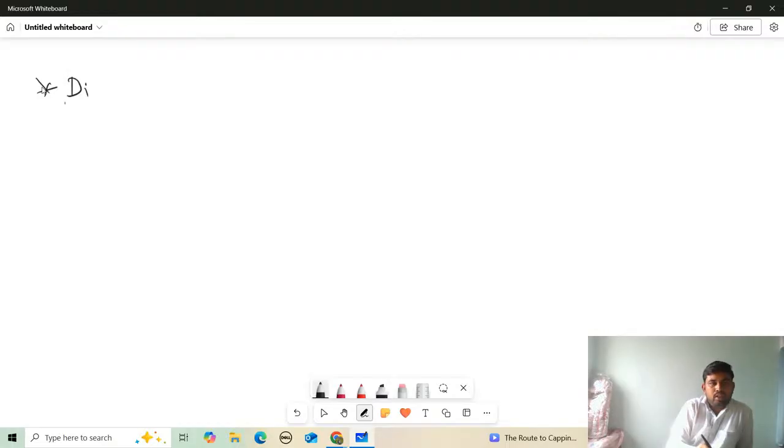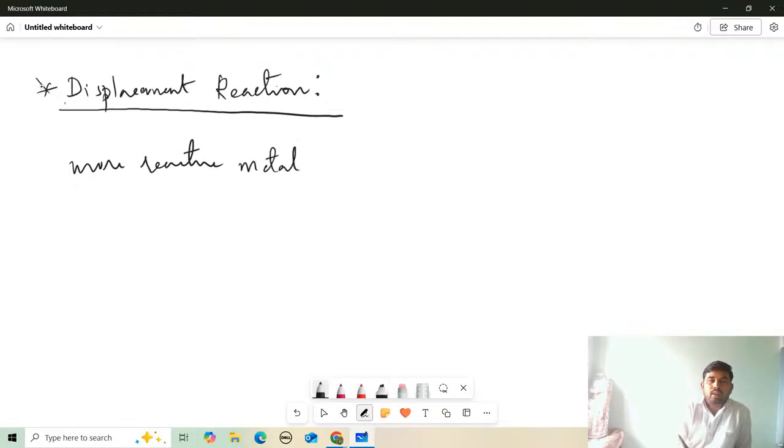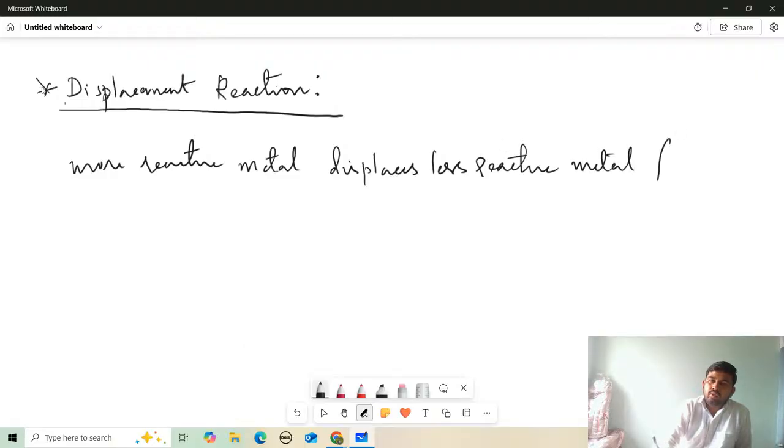Let me define this one. Displacement reaction: a more reactive metal displaces a less reactive metal from its salt solution.